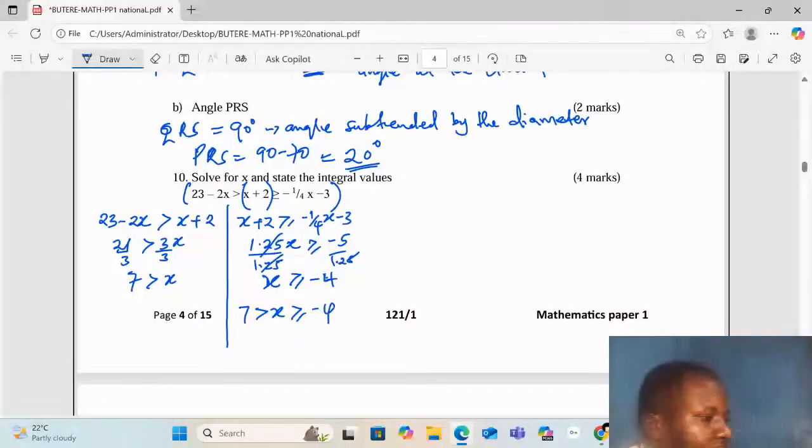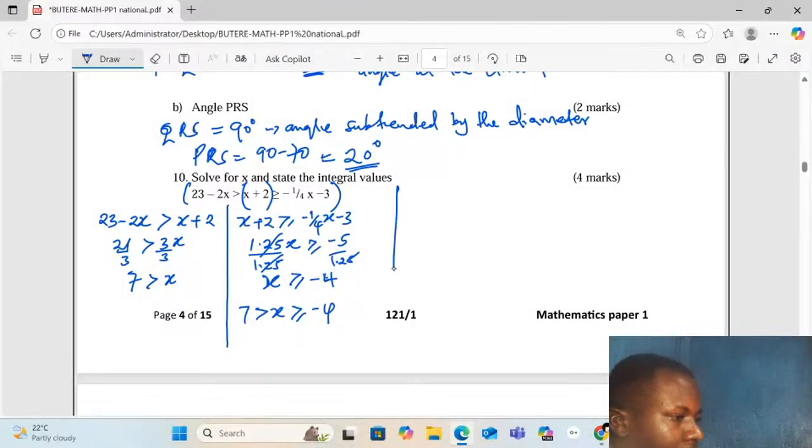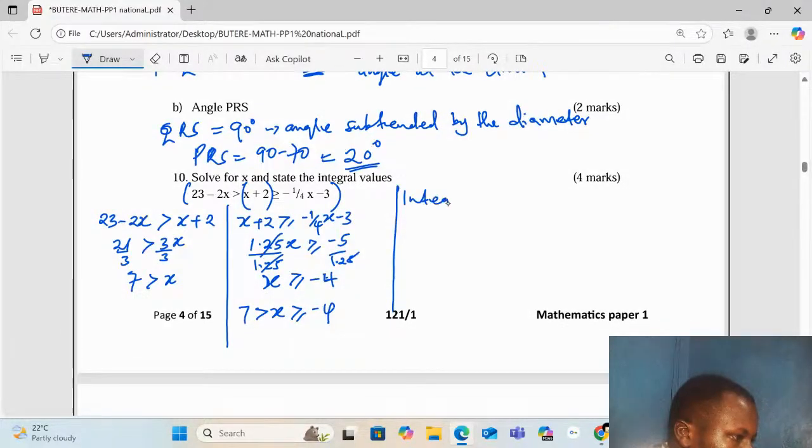So the question asks us to find the integral values.